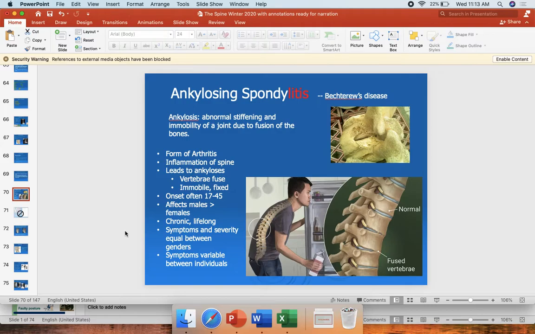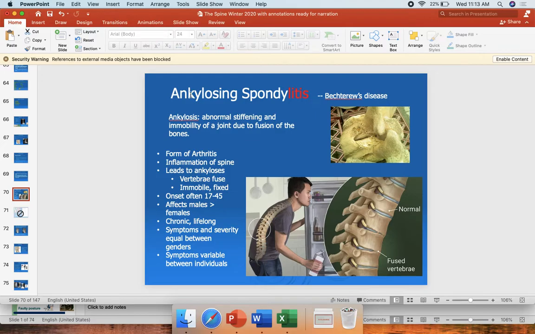Okay, moving on to our spondylitis. A spondylitis is inflammation of the spine. We're going to specifically talk about ankylosing spondylitis. Ankylosing is a fancy word for abnormal stiffening or immobility.